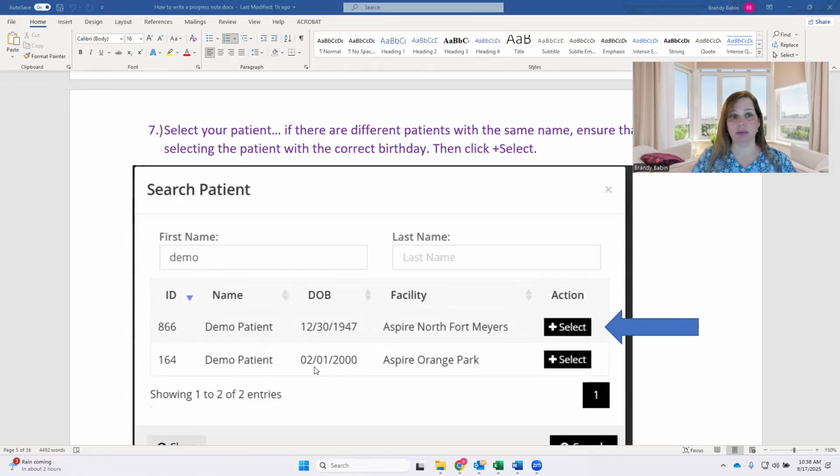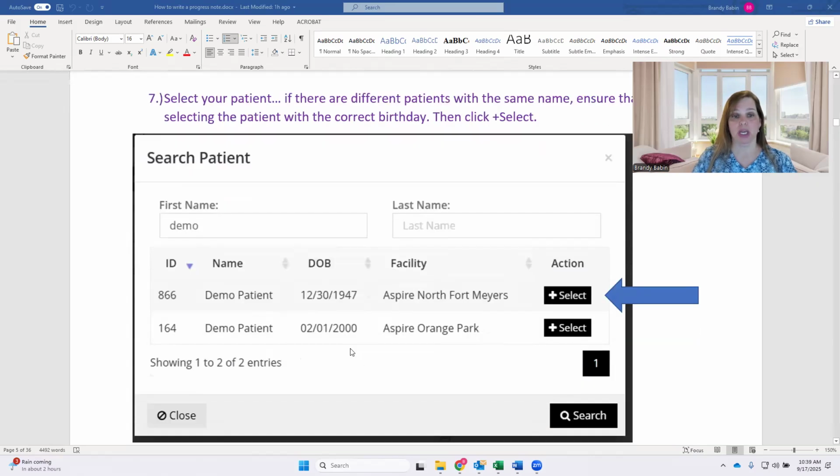It is very important that you're looking at point-click care and making sure you're picking the right patient, because that doesn't only affect your billing, but it affects where and what chart this note goes into in point-click care. When you've decided which is the correct patient, you're going to click the select button.